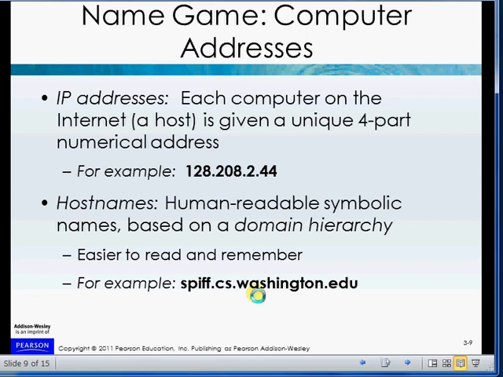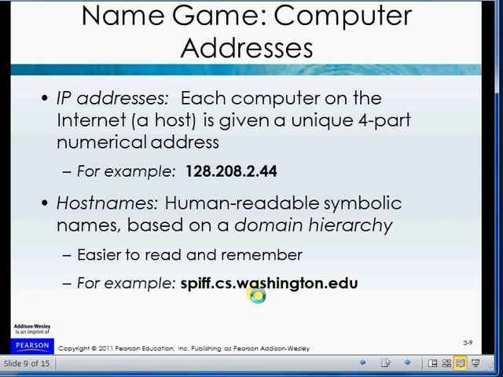So for instance, when I want to connect with the University of Montana web server, I go to www.umt.edu, and I don't even know in most cases what the IP address is. I've been at the university for a lot of years now. I know it begins with 150, the second octet is 131, and I couldn't tell you what the last 2 numbers are.